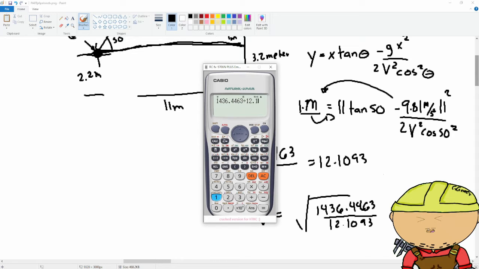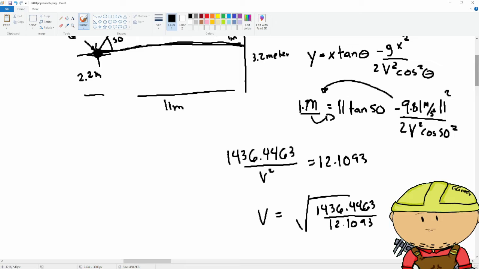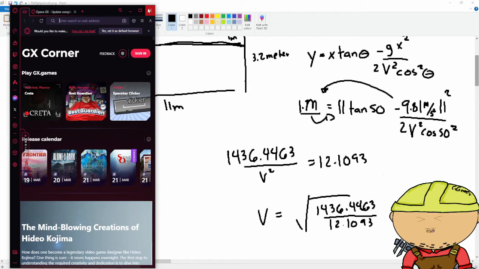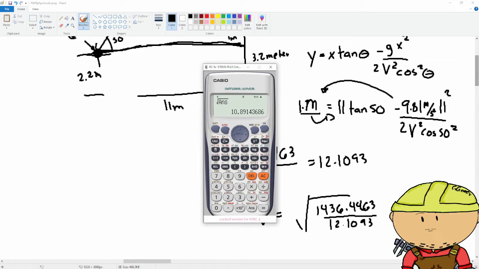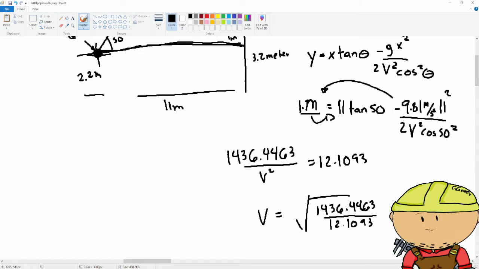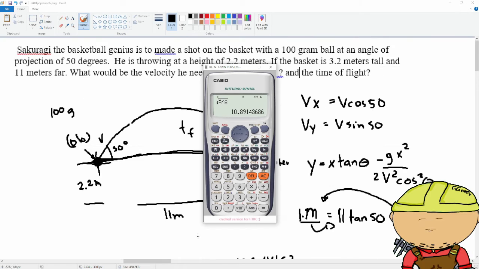He needs to throw it at 10.89. Okay, double check.